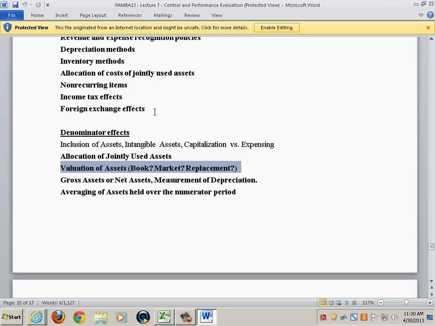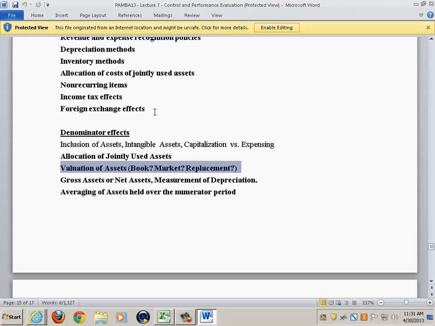Well, we said gross value or net book value, which means gross of depreciation or net of depreciation. If you take it net of depreciation, then, as we said, the way you measure depreciation is important if you use net book value.